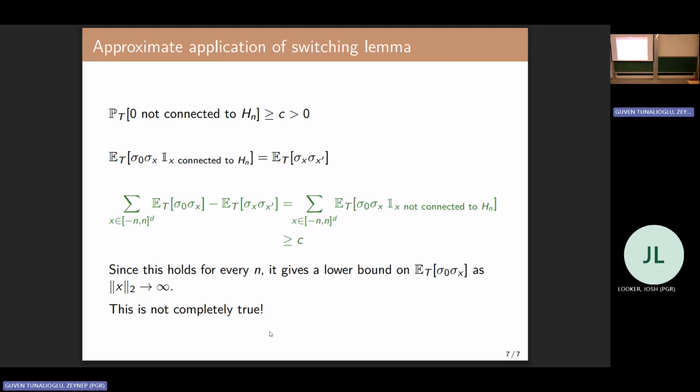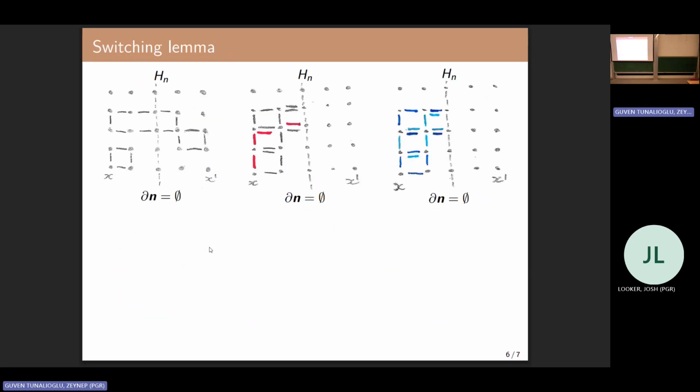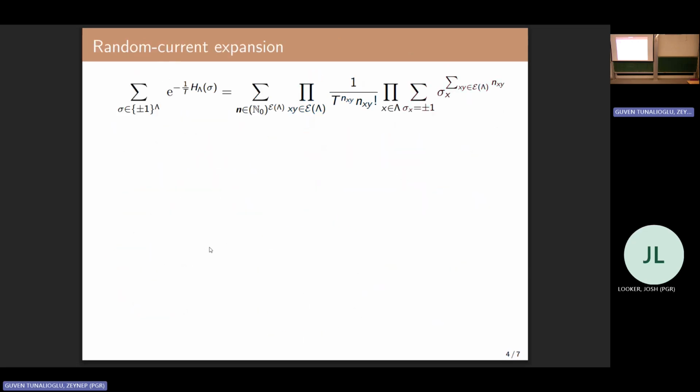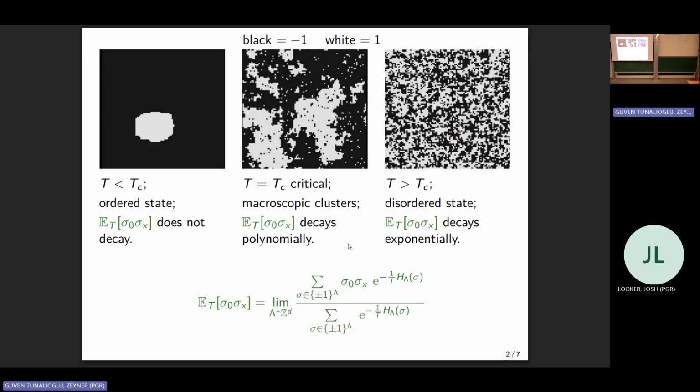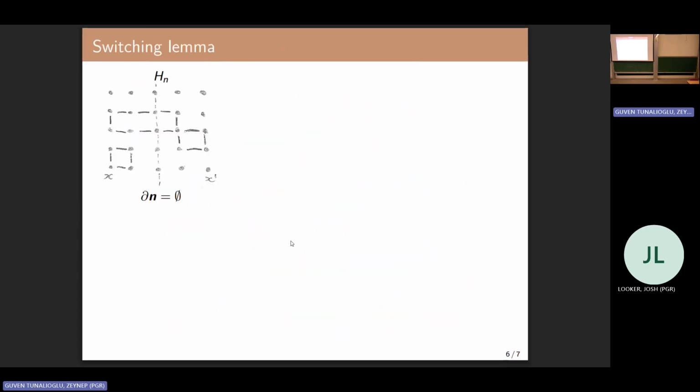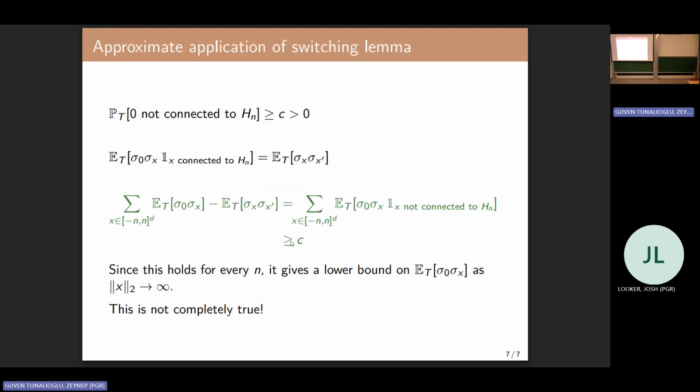If they decay too fast, then they will not be bounded from below. So you can use this current to get a lower bound on this expectation here. Upper bounds are done differently. Okay, that's it.